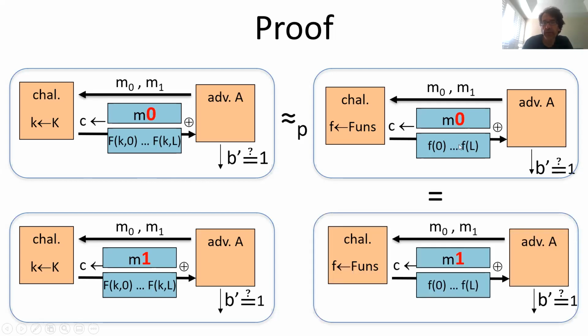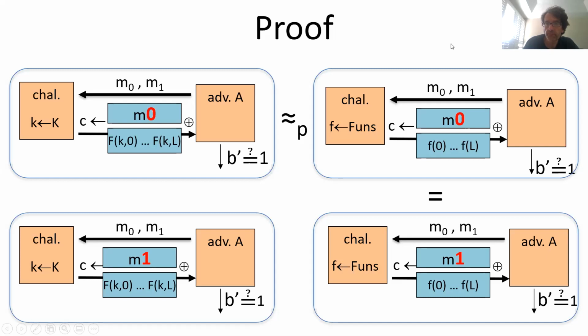Okay, so now recognize that this is a random function, so this is a completely random string, because the outputs of a random function on consecutive integers, or in fact on any L plus 1 distinct arguments, are just random strings, and they are uncorrelated. That's the notion of a random function. On any arguments, it just gives you random values. So this is a collection of L plus 1 independently chosen uniform bit strings.